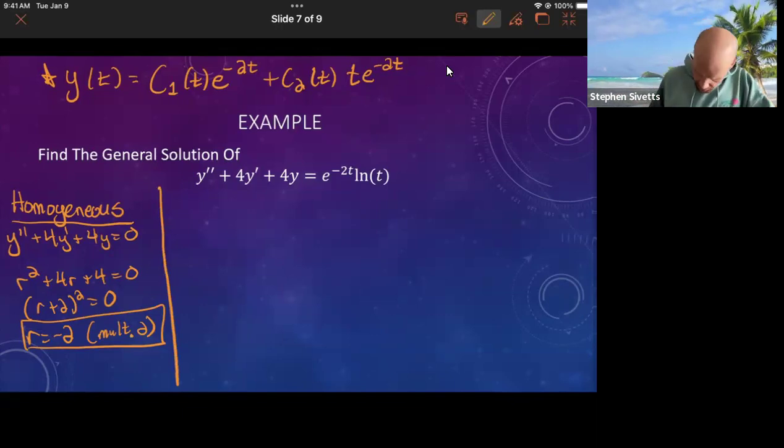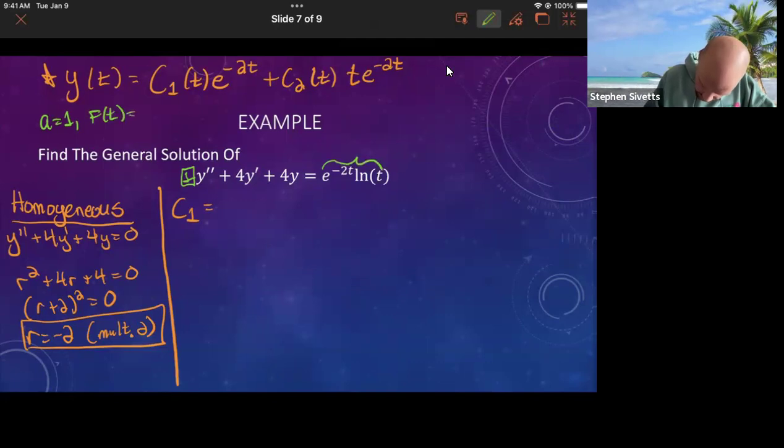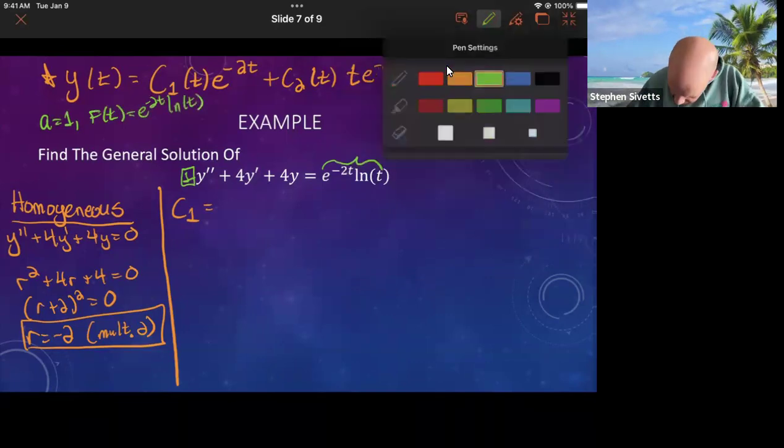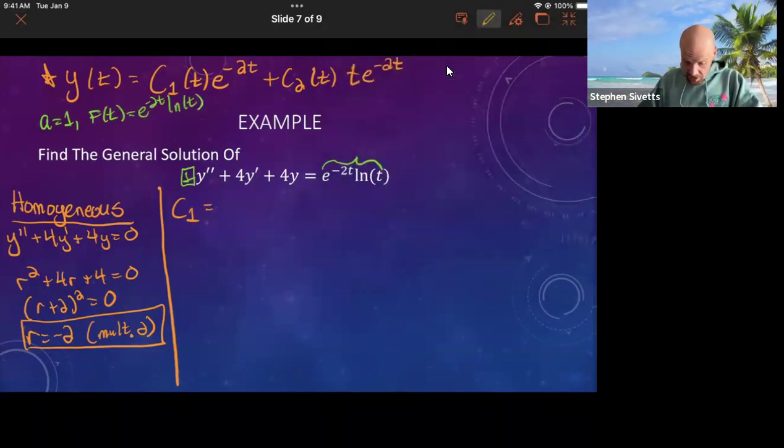So c1 would equal, first of all, let me label what the a number is. The a number is the coefficient in front of the y double prime term. In this case, a is 1, and our function, capital F, is this quantity, e to the minus 2t times ln of t. With that information, we'll figure out what the functions c1 and c2 equal.